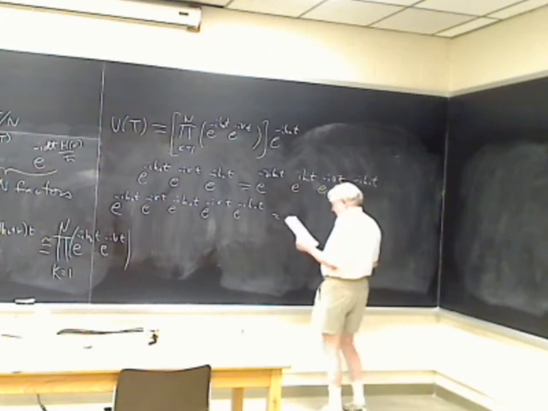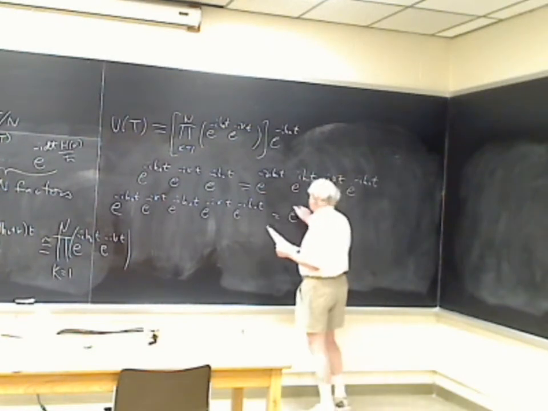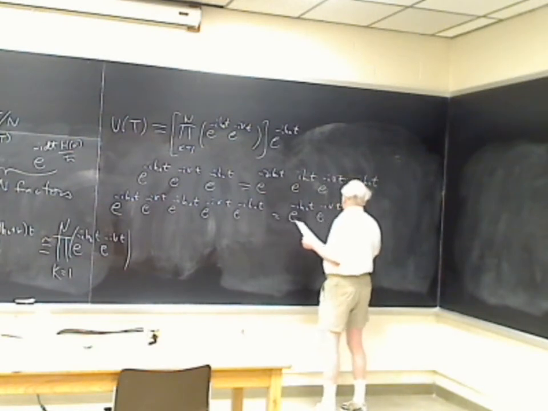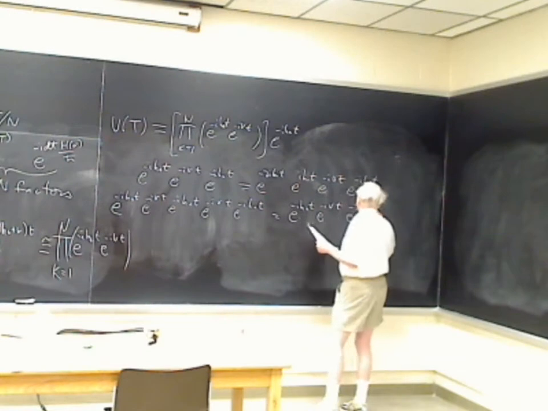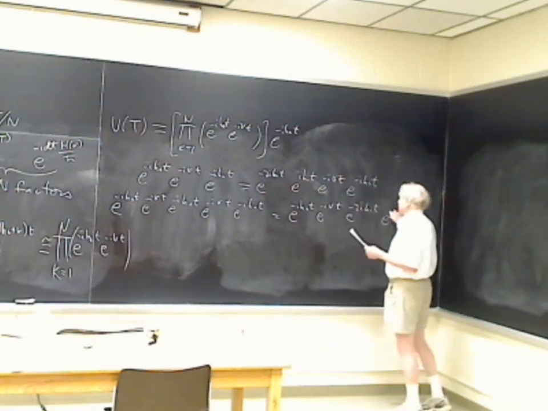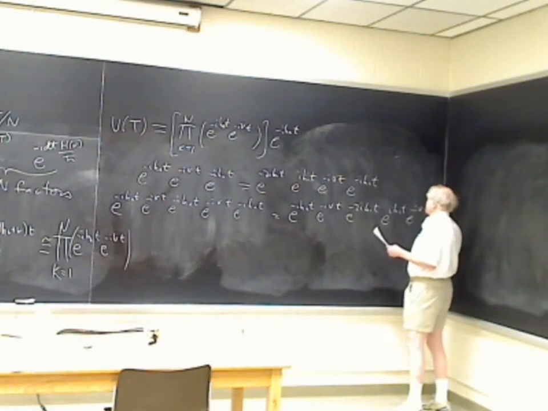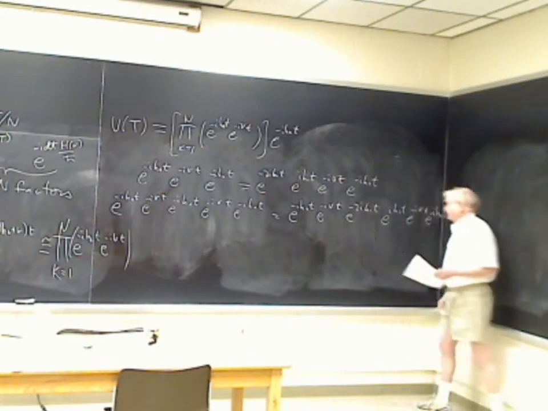That will look like this: e to the minus i H0 t, e to the minus i V t, e to the minus 2i H0 t, e to the i H0 t, e to the minus i V t, e to the minus i H0 t.